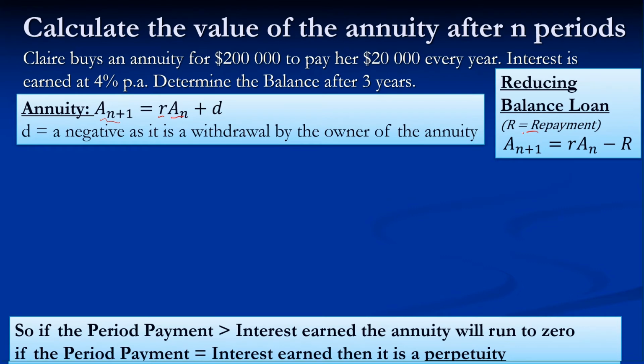So that's why I say you can just think of this as a bit like a reducing balance loan, because of this negative repayment. You're going to be taking out this $20,000 each year. So let's have a look at this. The principal is $200,000.